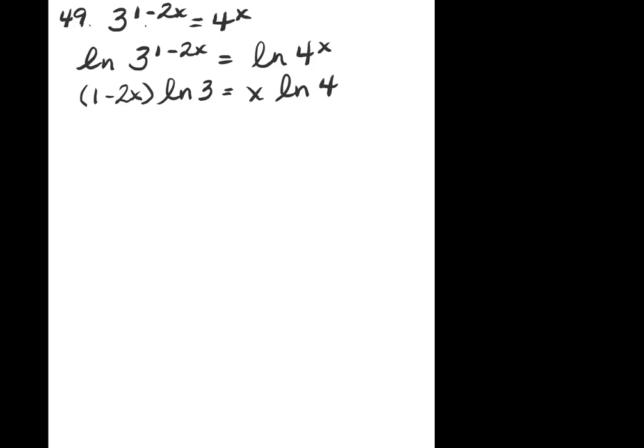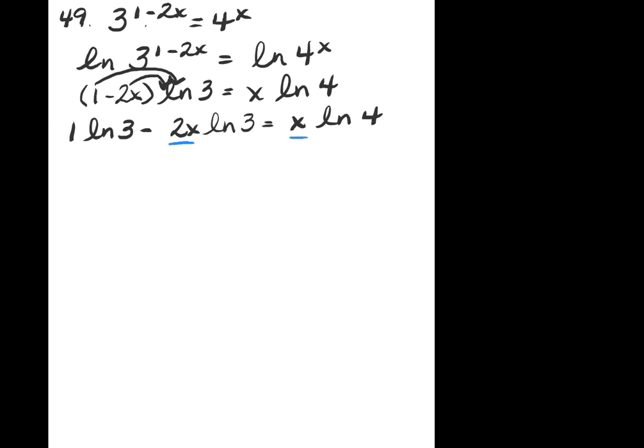Okay, so because I have a parentheses on the left side, I do have to distribute the 1 and the 2x here. So I'm going to get 1 natural log 3 minus 2x natural log 3 equals x natural log of 4. So now I have x on both sides.